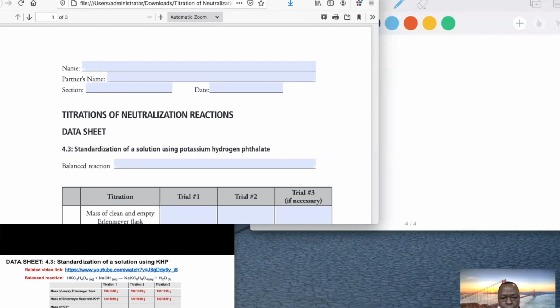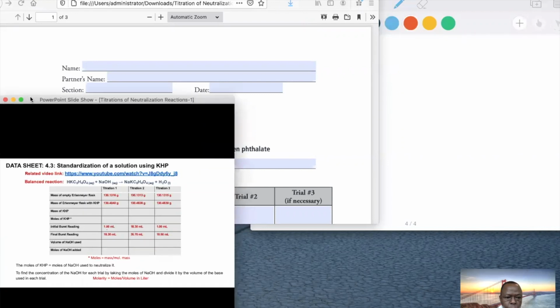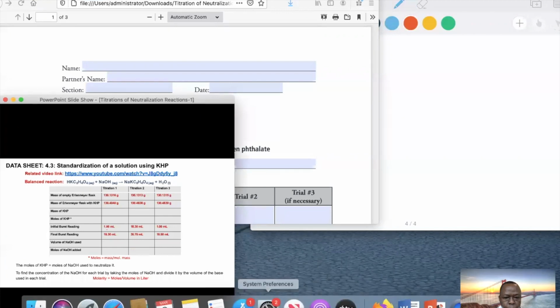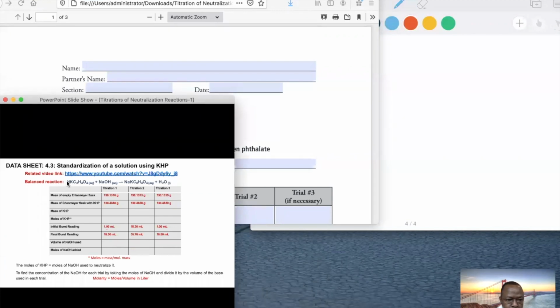If you look at the mole ratio, it is 1 to 1 to 1. Please pay attention: there is one there, one there, and one there. We need the mole ratio.